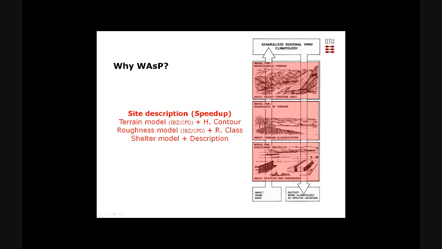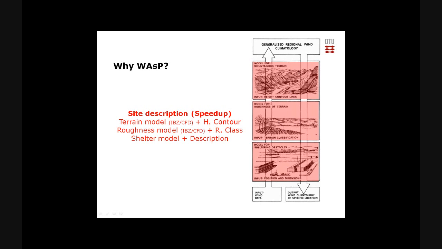You have roughness models, and you have terrain models. So we have the CFD model, or what we call the IBZ model, that's the classical linearized model. What CFD and the IBZ model do is calculate the effect of these roughnesses and these terrain heights.